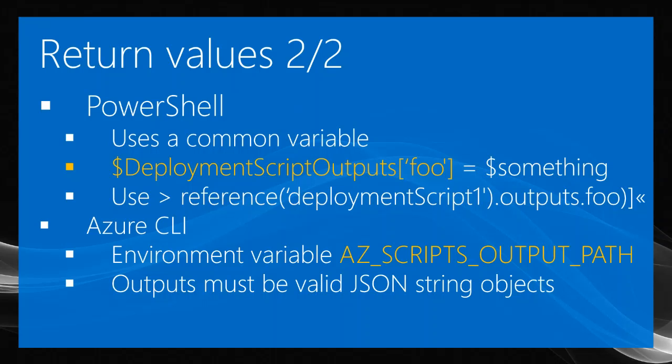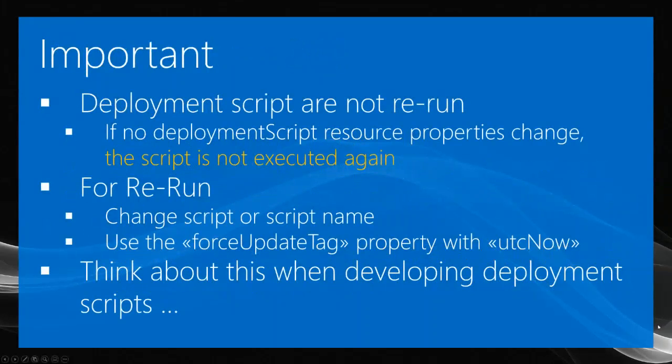And then you get that value that has been output by the deployment script. Using the Azure CLI, it's a little bit different. There you have to use an environment variable that actually stores your outputted data. But that works more or less the same way as any other ARM template resource that you're describing.